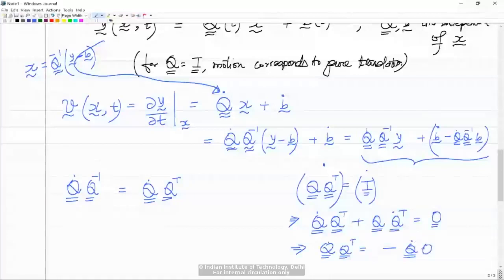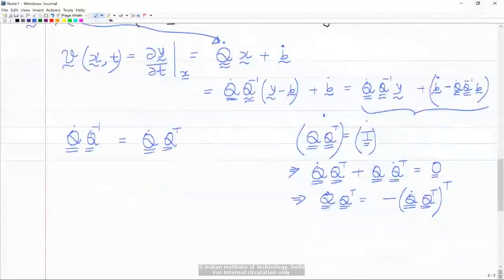Sorry, I think I made some mistake here. Okay, yeah, so can I write this like this? So q dot q transpose whole transpose is same as q into q dot transpose. So this is what we have here, and it's coming right here. And minus sign because it goes on the other side of equality.